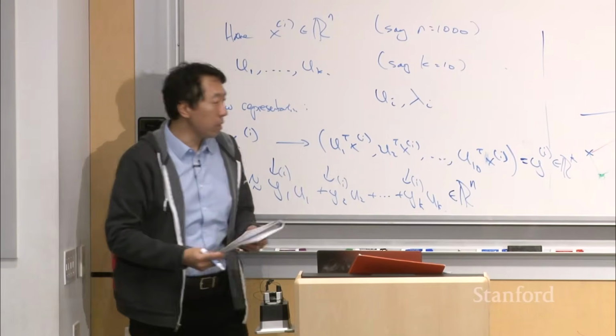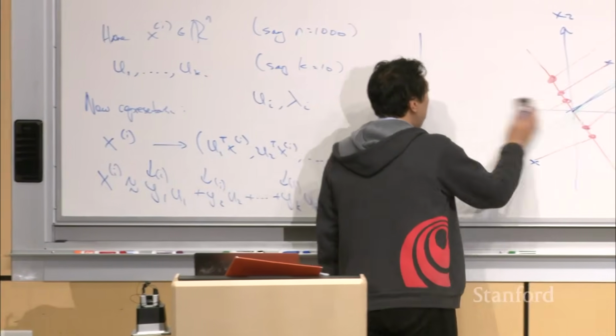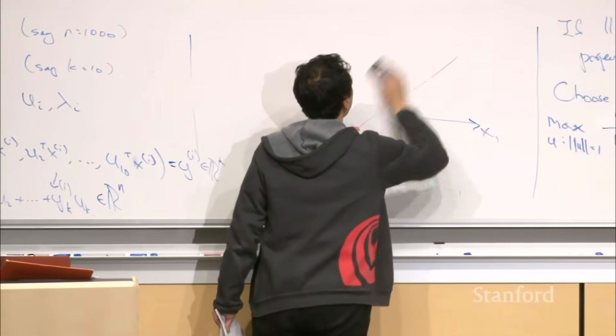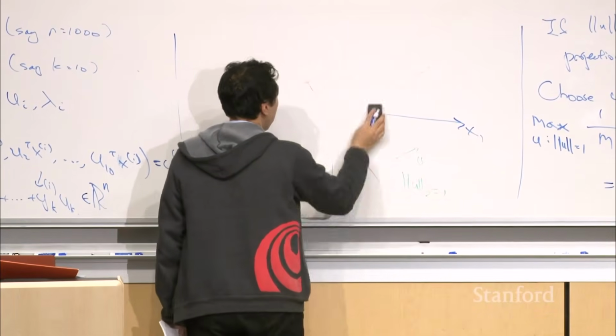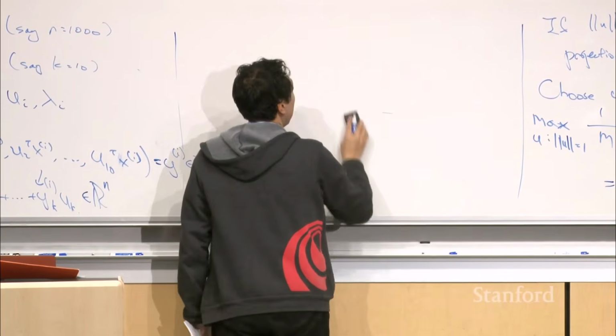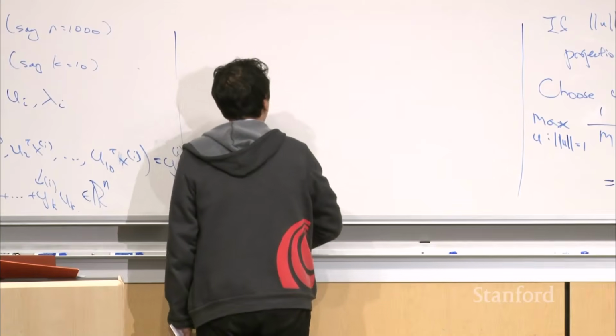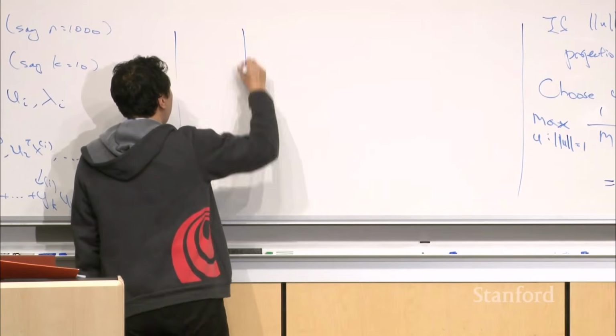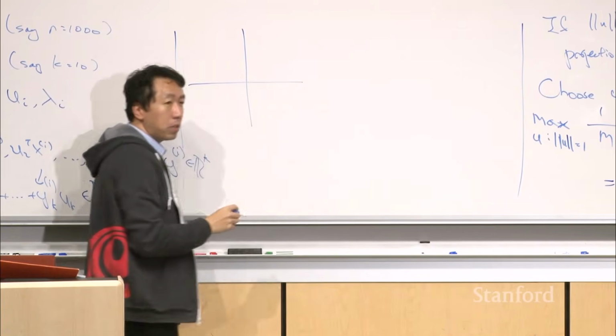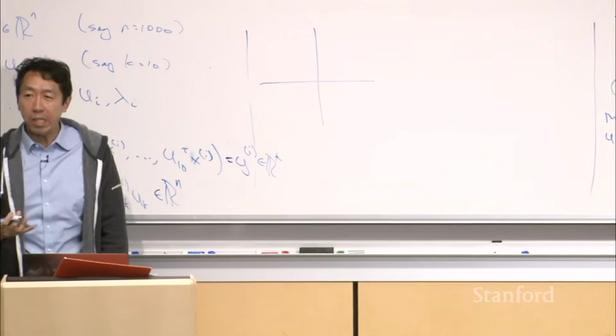Why do the preprocessing? So it turns out that this is what goes wrong if you don't subtract the mean and standardize the variance.